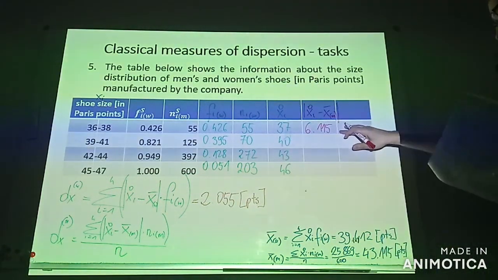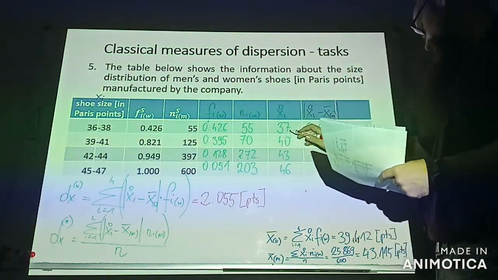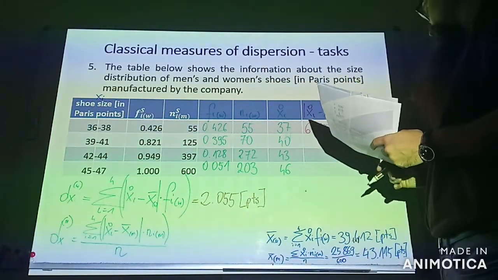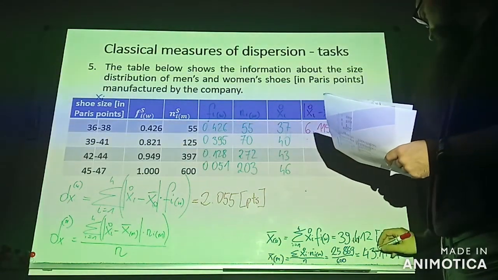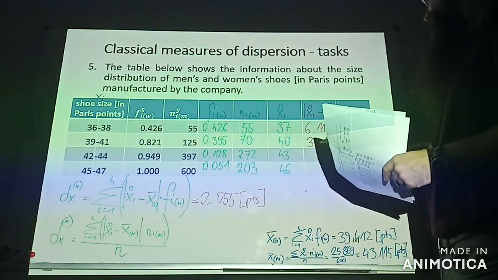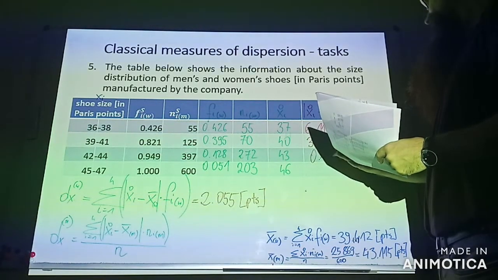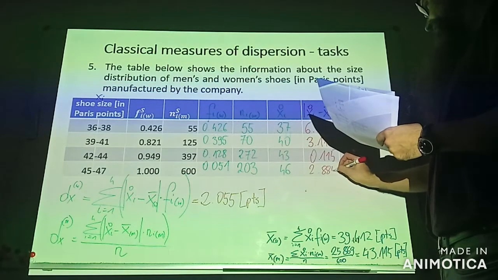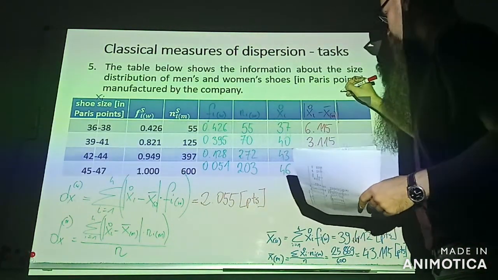Of course, it's a module of this difference. 37 minus 33.115, and then I have 40 minus 43.115, and the module of this difference is 3.115, 0.115, and finally 2.885.